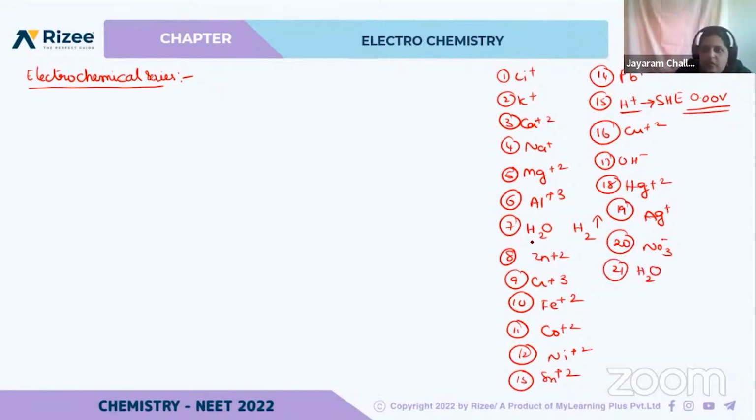Water comes in 2 times. Here it undergoes reduction and forms hydrogen gas, and here water undergoes oxidation and gives O2.